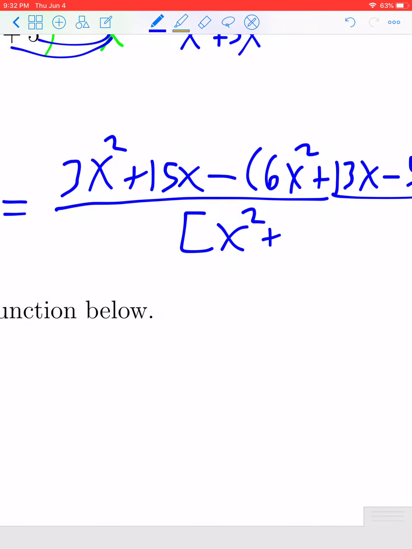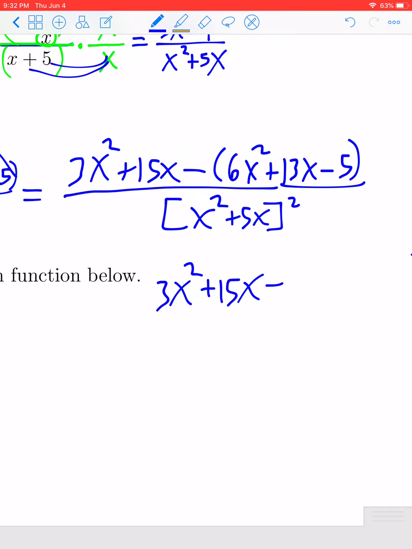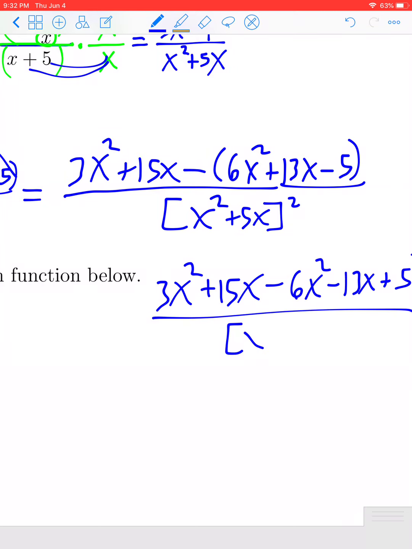Let's distribute the negative sign through in the numerator. We're going to get a negative 6x squared minus 13x plus 5, all divided by (x squared plus 5x) squared.